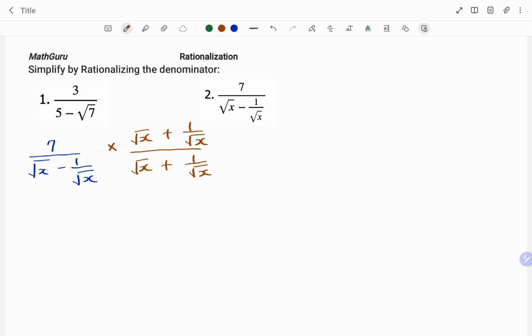If I simplify further, I'm going to have that as 7 multiplying root x plus 1 over root of x, close bracket. And then at the bottom, I'm going to apply the concept of difference of two squares like I did in the previous example.